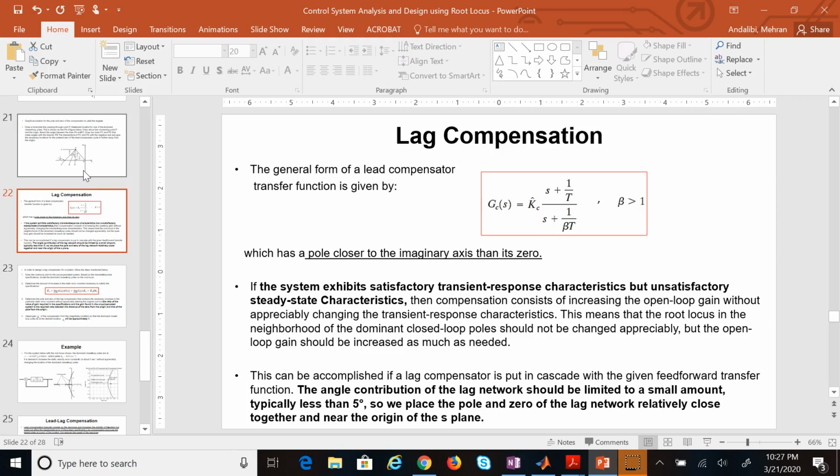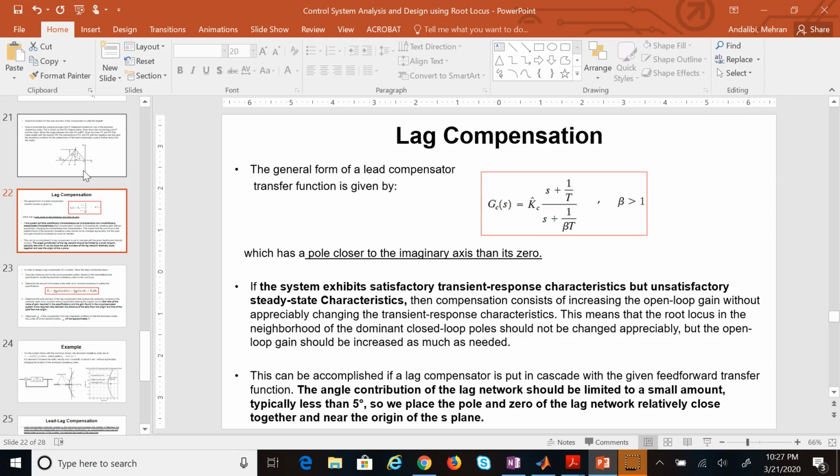By increasing Kv, it's going to bring down the steady state error. At the same time, while improving the steady state error, the lag compensator is not going to reshape the root locus the way a lead compensator did. It's going to have very minimal effect on the root locus, because if it does change the root locus, then it's going to ruin the transient response.